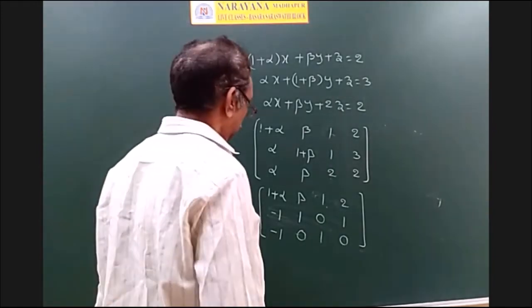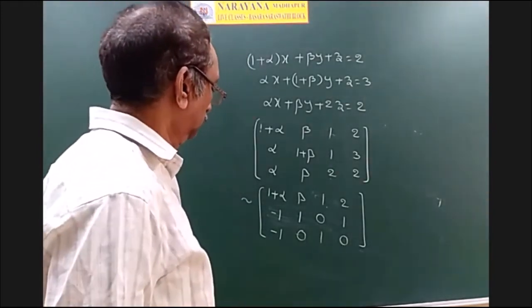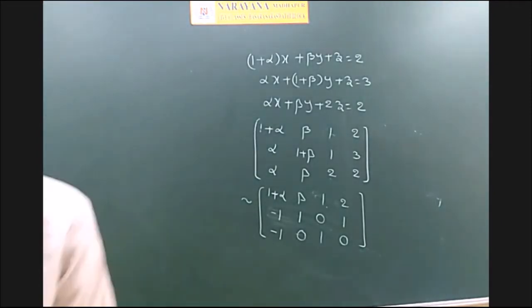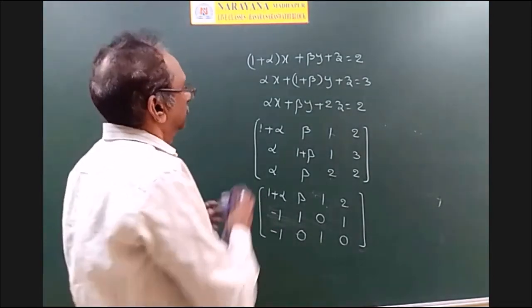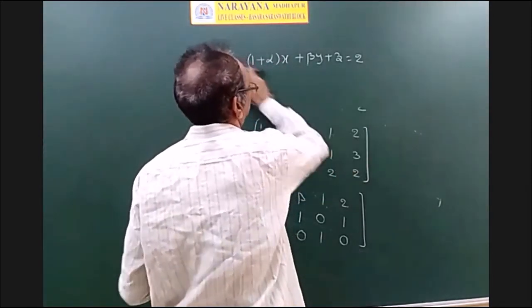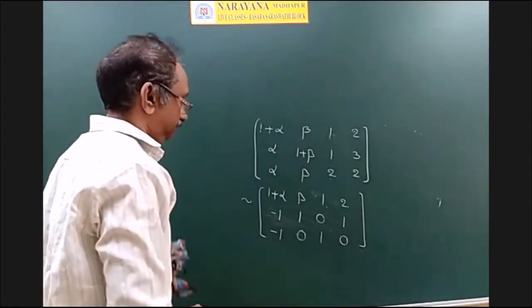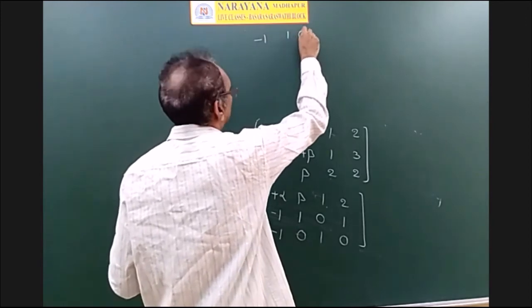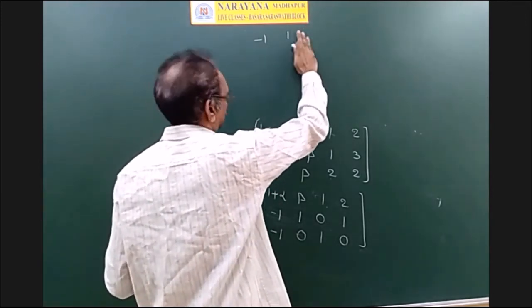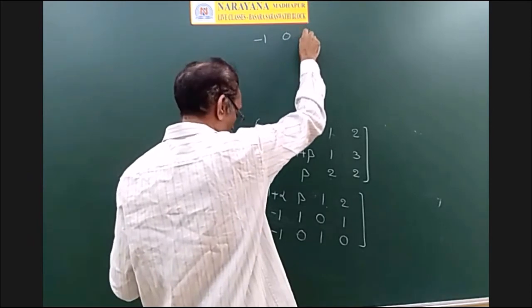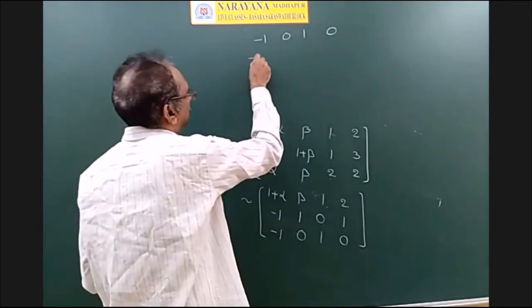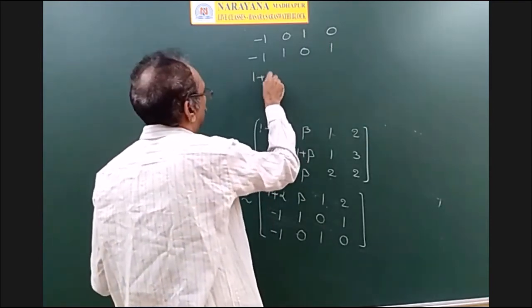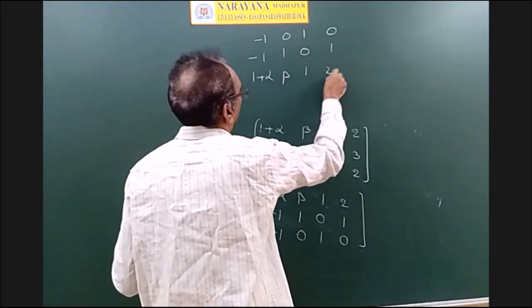Sir, you can interchange these rows, no, sir? Okay. Then I will interchange the rows so that I will get 1 here. So minus 1, 1, 0, 1 here, and 1 plus alpha, beta, 1, 2 here.